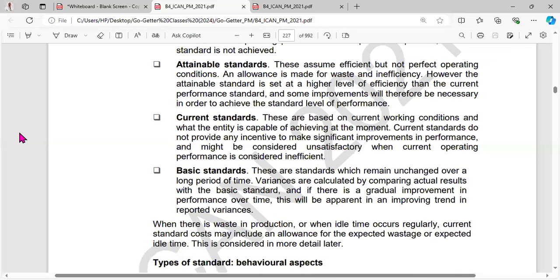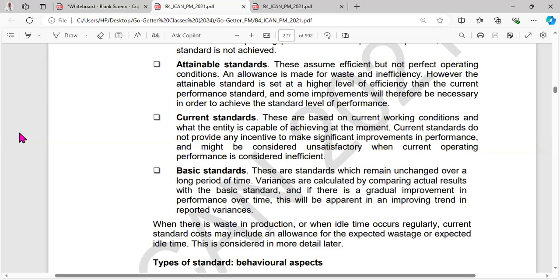Then, basic standards. These are basic, they remain so for a long time. For example, those things that you've been calculating in your standard cost card, all of these are basic standards. It means that you use this amount of material X, this amount of material Y. These are basic.